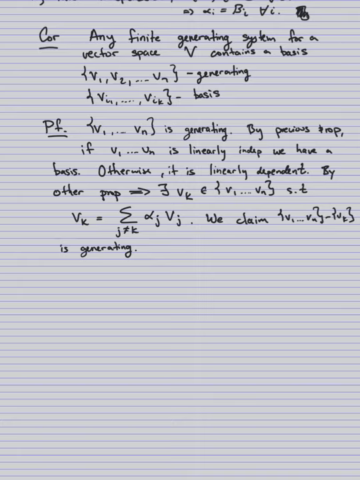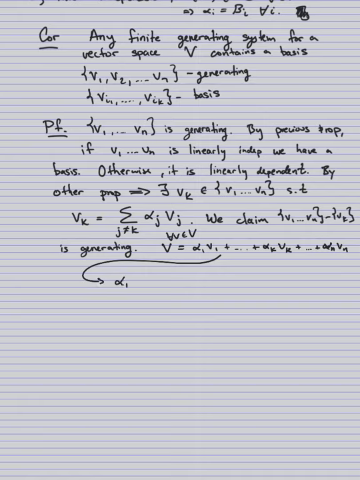Okay, so why is this? Well, we know that we can write any vector v in V as a linear combination, plus alpha n v sub n. On the other hand, we've written the v sub k in terms of the other ones.